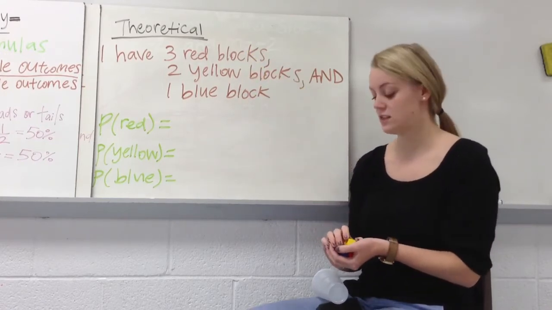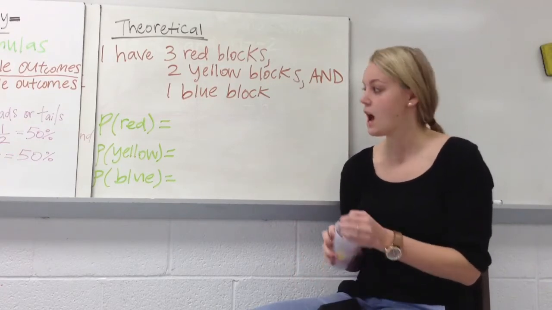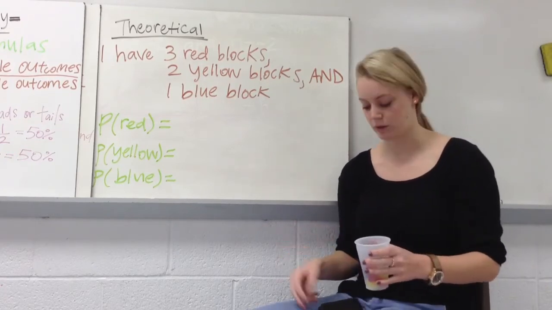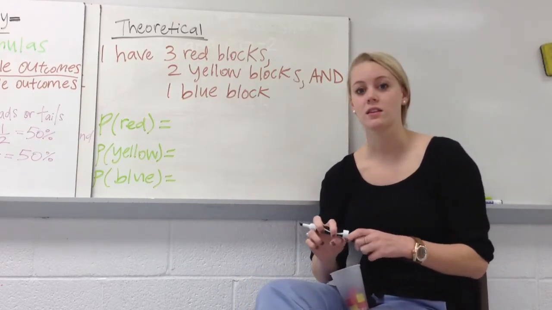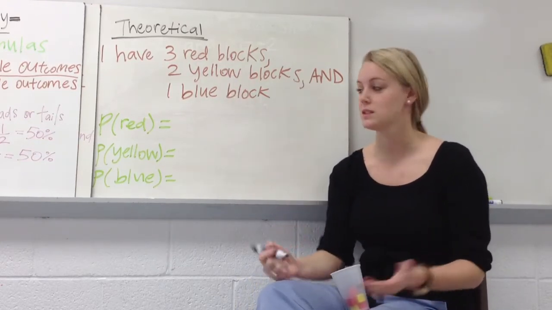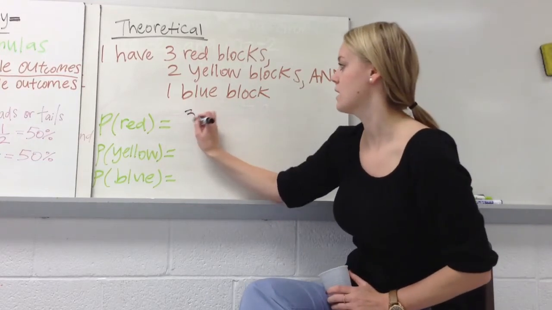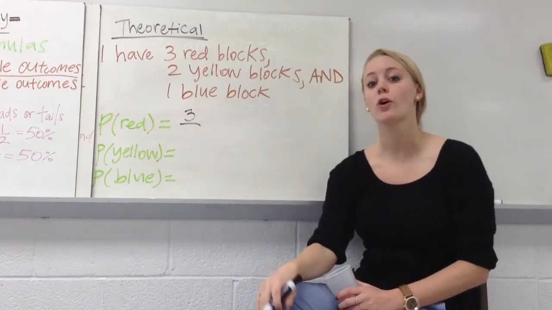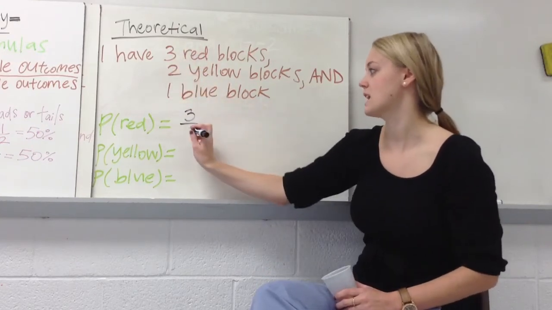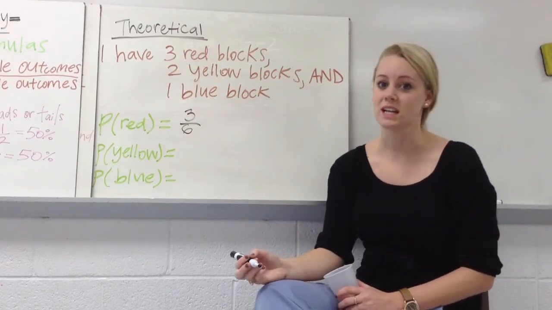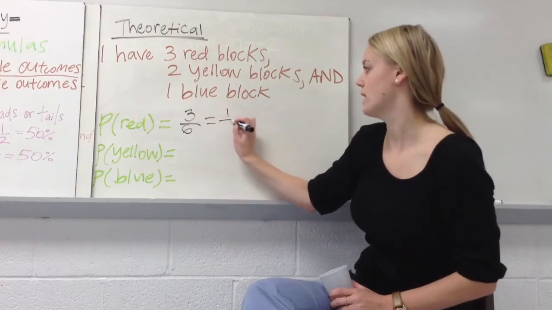We're going to find the theoretical probability of getting a red, yellow, or blue. If I have 3 red blocks, then the number of favorable outcomes of pulling a red is 3. We divide this by the total number of outcomes, which is 3 plus 2 plus 1, 6. So 3 over 6 can be simplified to 1/2.